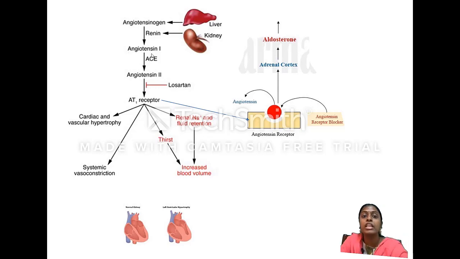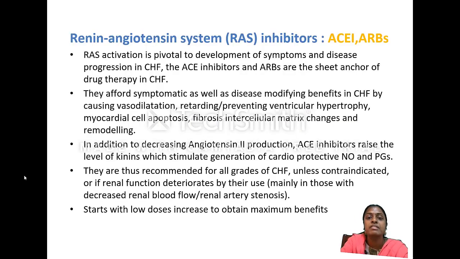When it is blocking this enzyme, angiotensin 1 won't convert into angiotensin 2. When angiotensin 2 is not binding here, you won't get hypertrophy. So obviously this is reversing the heart changes. Not only that, it is repairing my heart, and it will take care of all the symptoms.